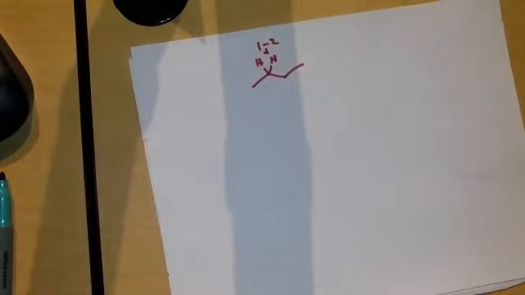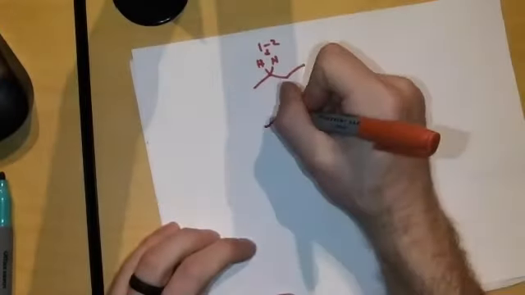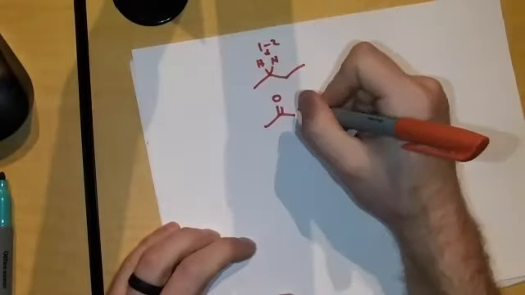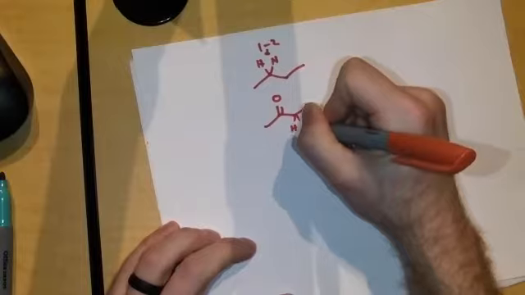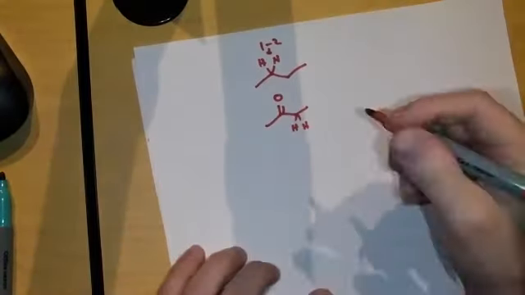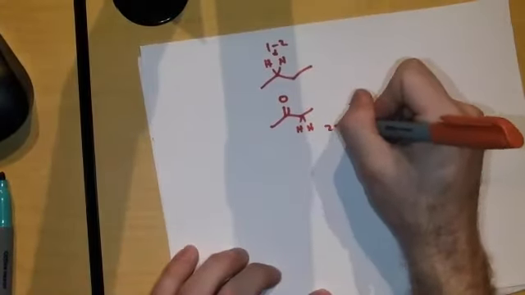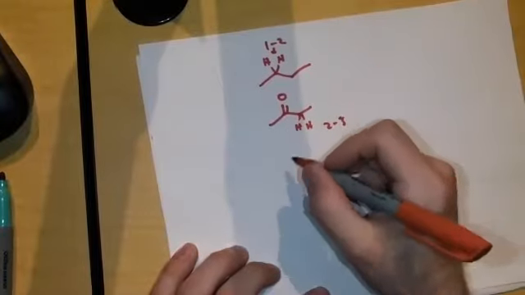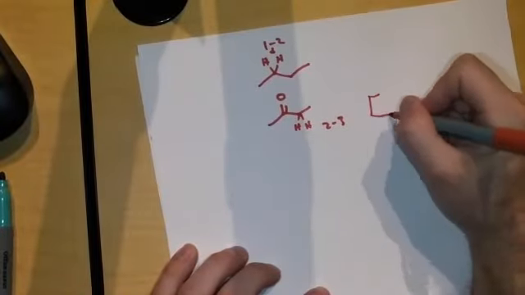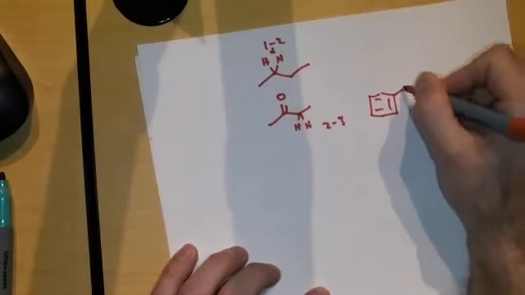If I throw a carbonyl on there, this puts me in the 2 to 3 range. Or let's say an aromatic ring, same concept.